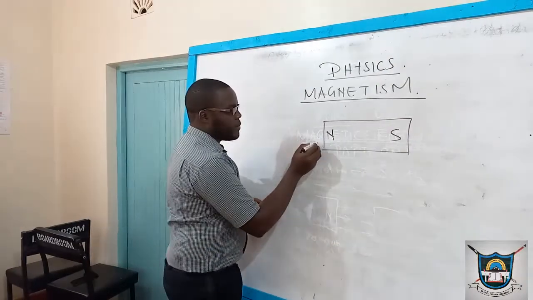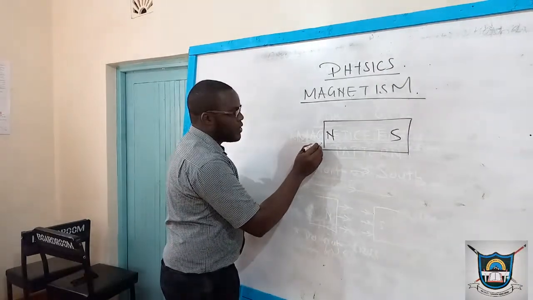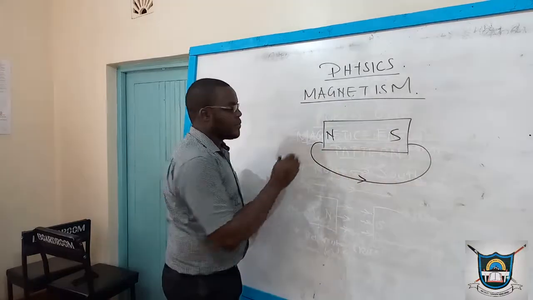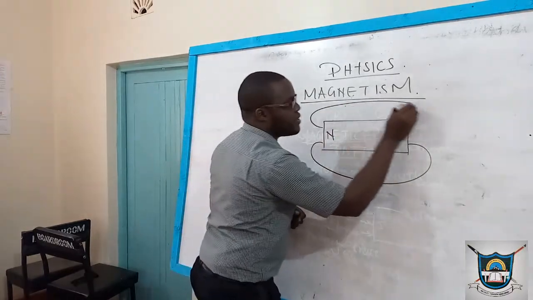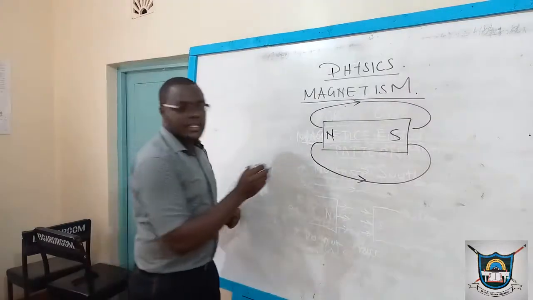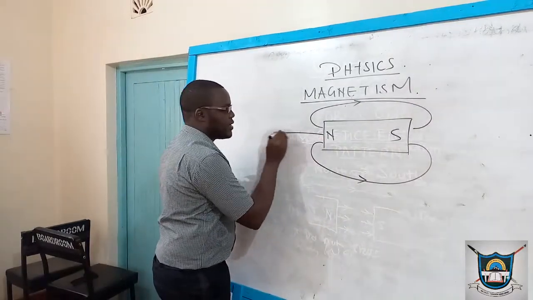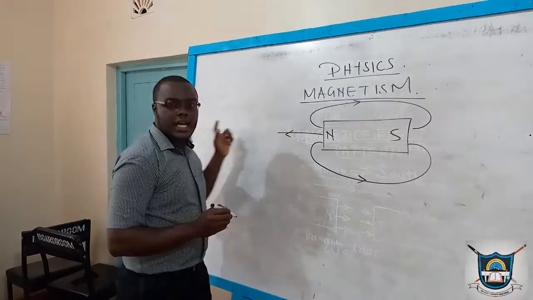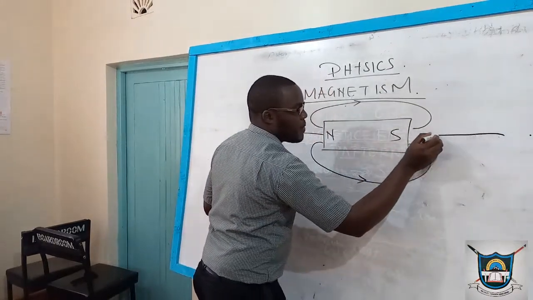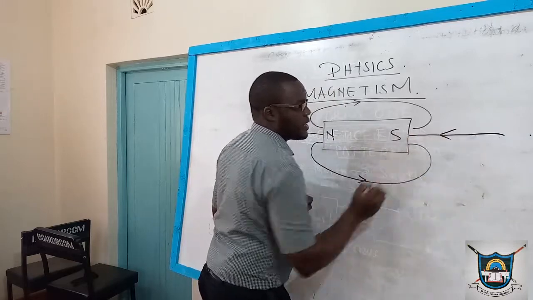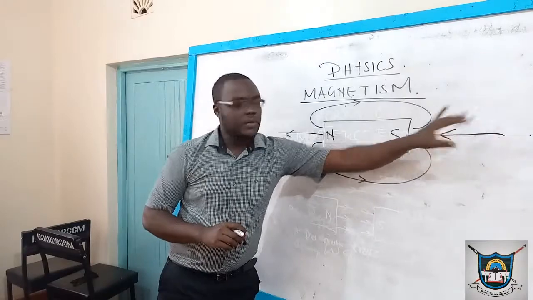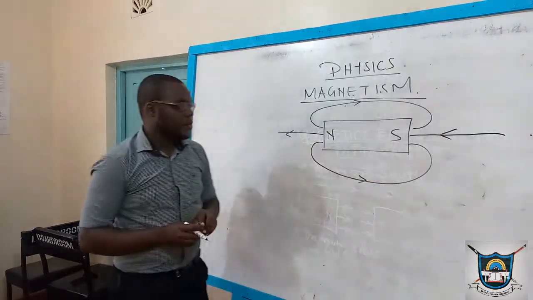Remember, we say the patterns always run from north to south. So I begin by drawing them on both sides. Next, there are some patterns that will run from north to any other pole on this side, and there is another magnetic field pattern that arrives from a foreign pole into the south pole.